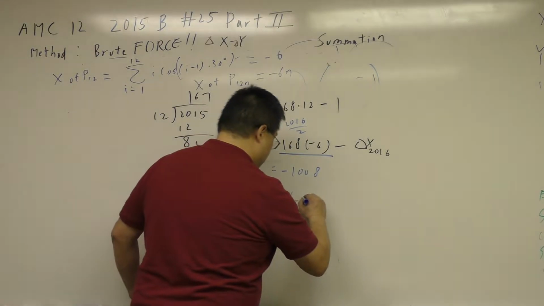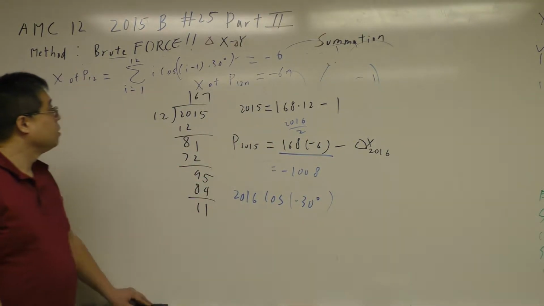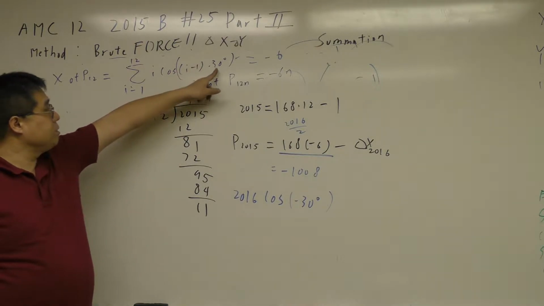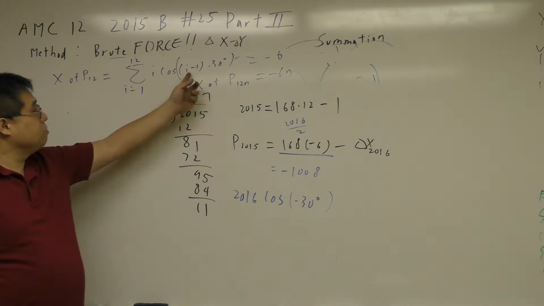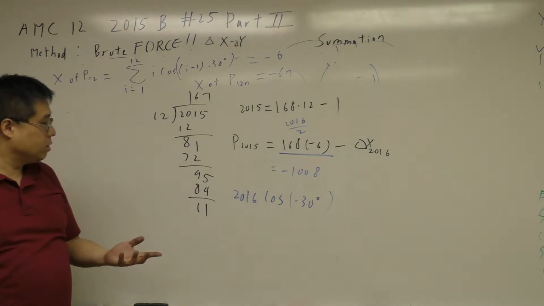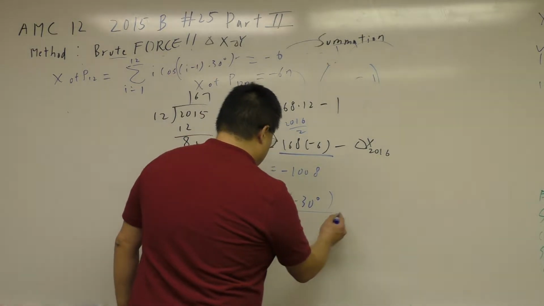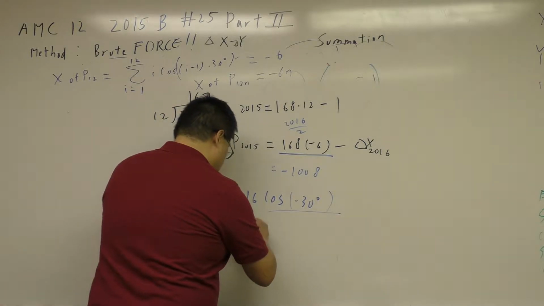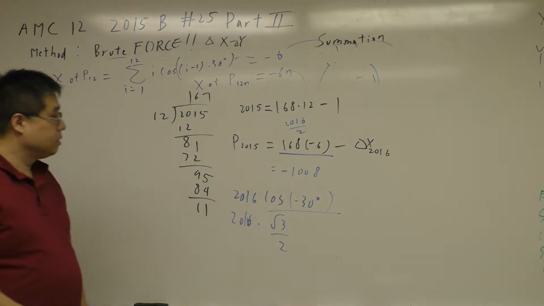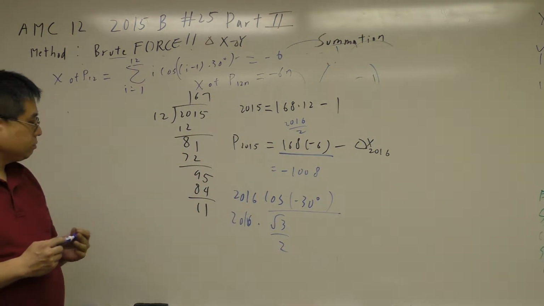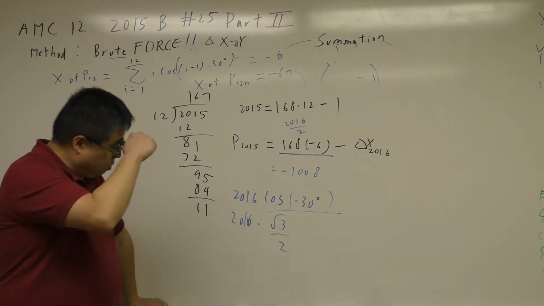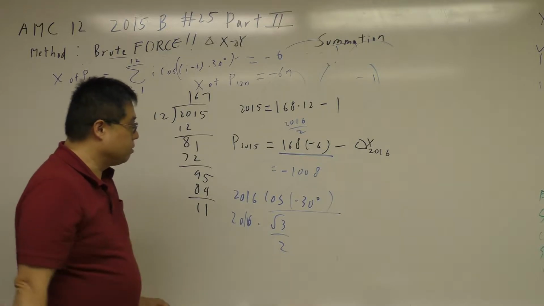Yes, minus 30 degrees. 2016 is already a multiple of 12, and 12 times 30 is 360, so you're just missing a minus 30 degrees from a complete 360 degrees. So if you calculate this, it is 2016 times positive square root 3 over 2.